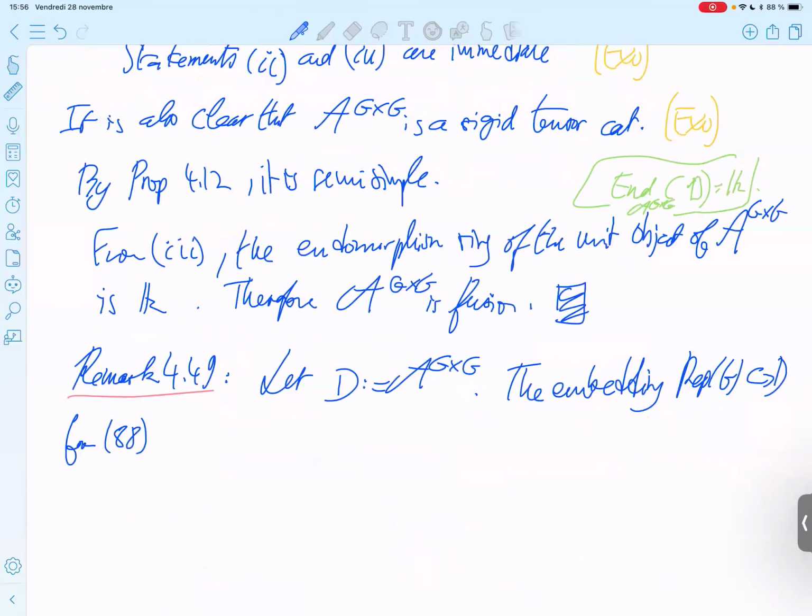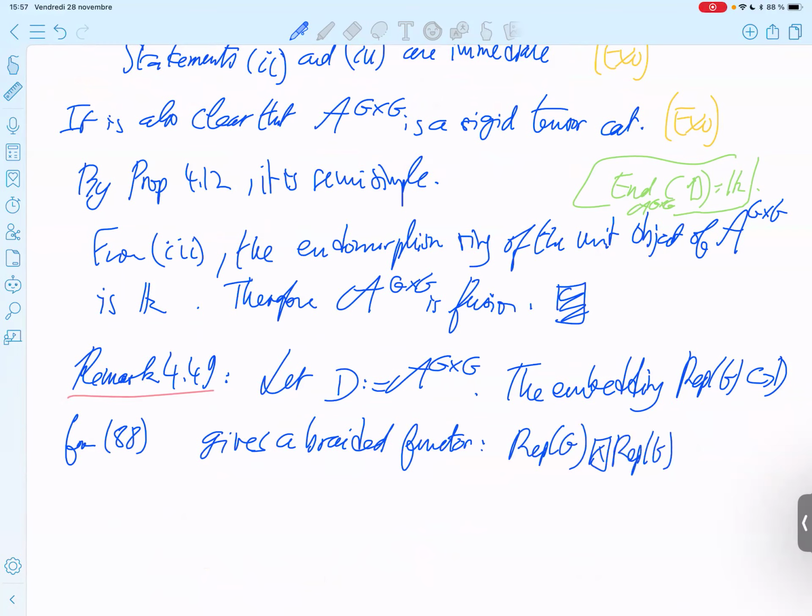So using that, this embedding gives a braided functor. Oh yeah. So you combine that with a Deligne tensor product. So it gives a braided functor from Rep G Deligne tensor Rep G, embedding into D tensor D^op.